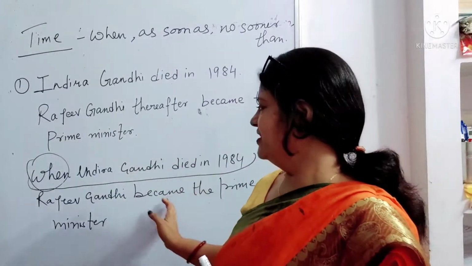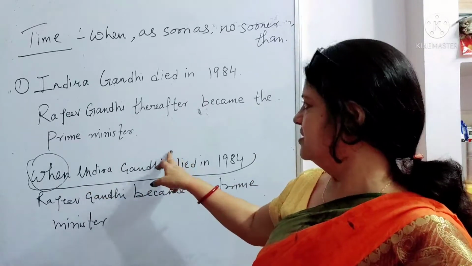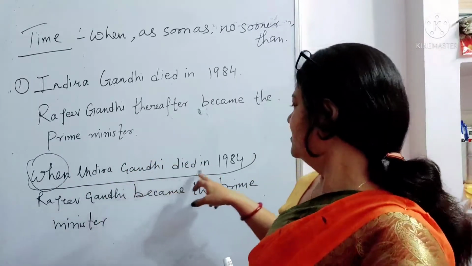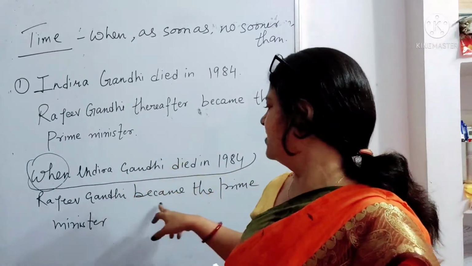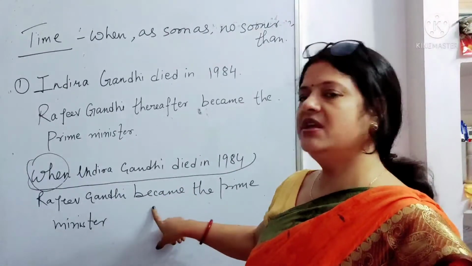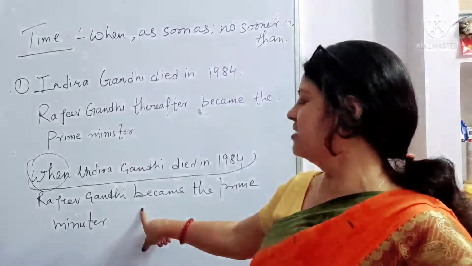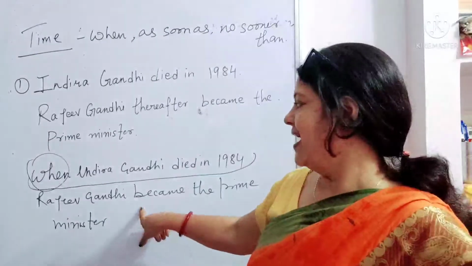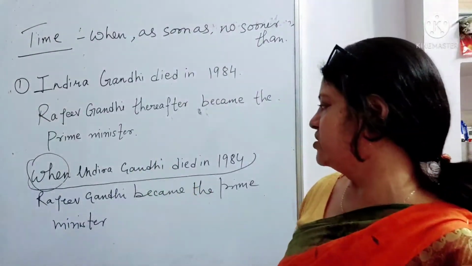So here we see that first we have this clause. When Indira Gandhi died in 1984, Rajiv Gandhi became the Prime Minister of India. Rajiv Gandhi became the Prime Minister of India is called the principal clause, and the other part is called the subordinate clause.